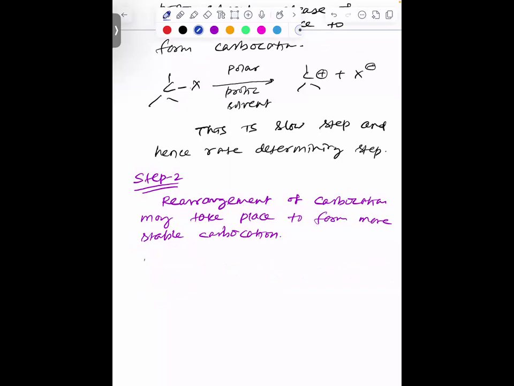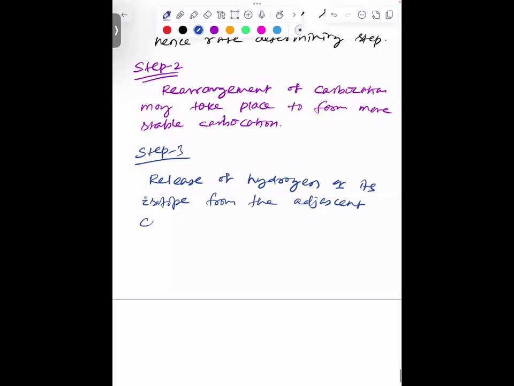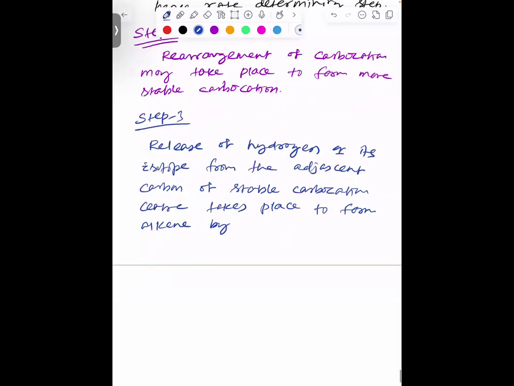Now, third step, release of hydrogen or its isotope from the adjacent carbon of the stable carbocation center takes place to form alkene by following Saytzeff rule.